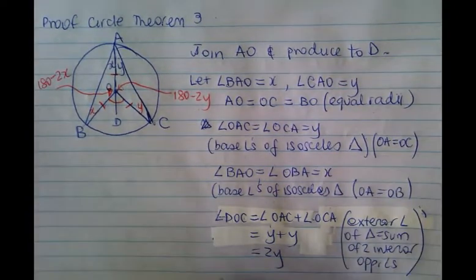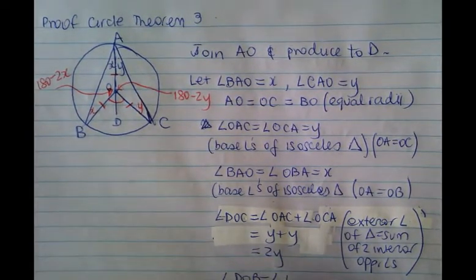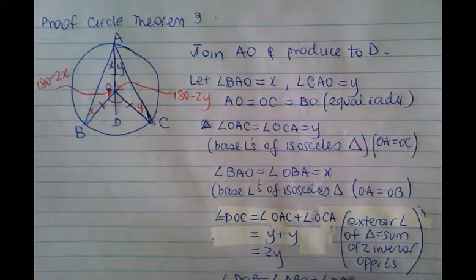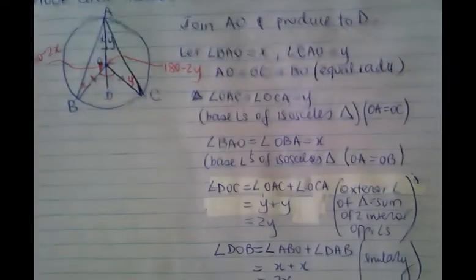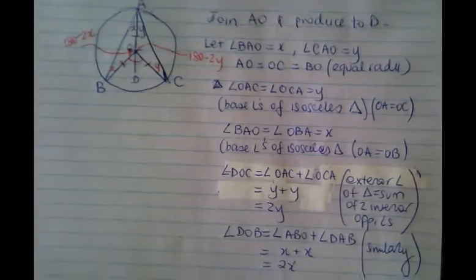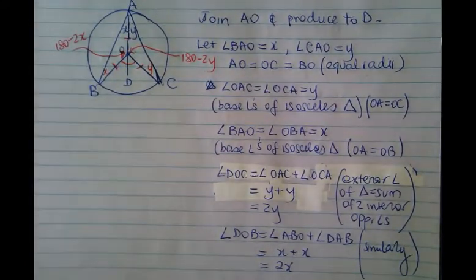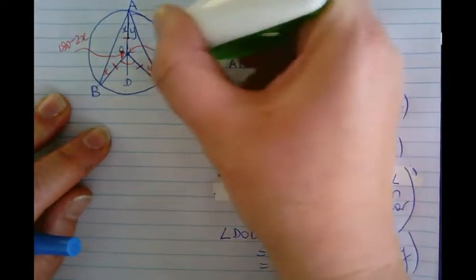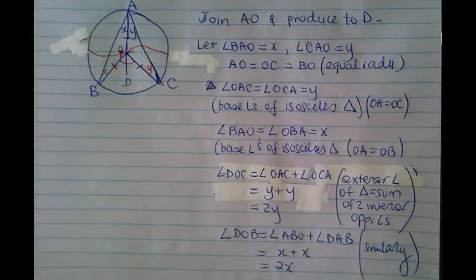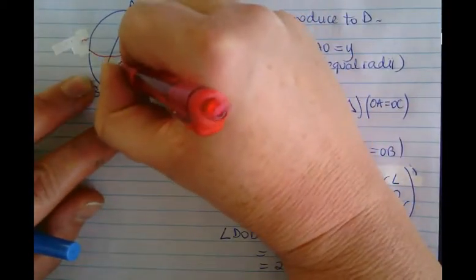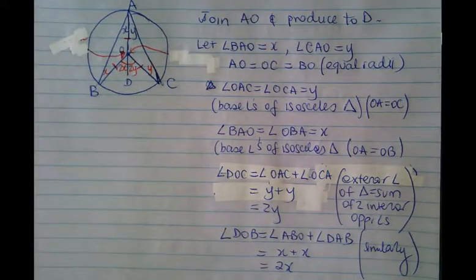And also angle DOB equals angle ABO plus angle DAB, which is x plus x, which is 2x. Same reason. All good? So instead of doing those 180 minuses, which we don't need, it's good to practice the exterior angle of triangle. That's 2y and 2x in there.